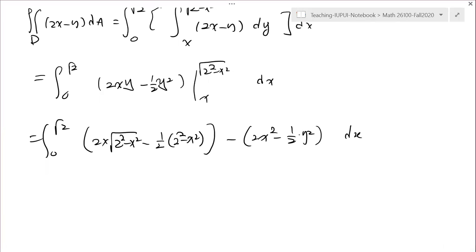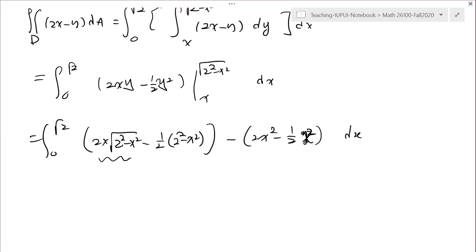So this is x squared. Now, if you simplify it, the only problem is this part, but this can use a standard substitution. The rest of them are just polynomial, just x squared and a constant, right?